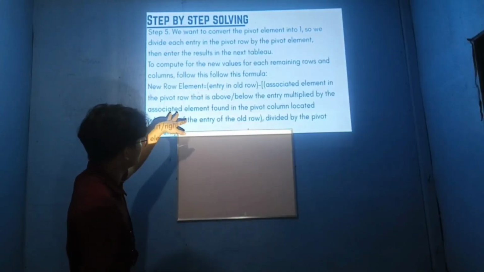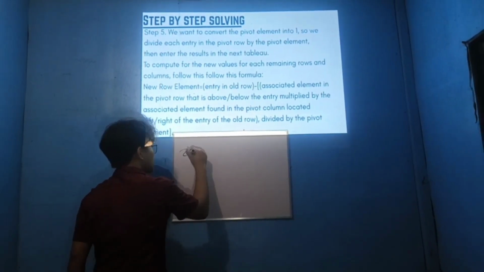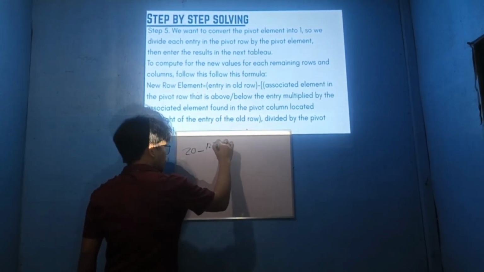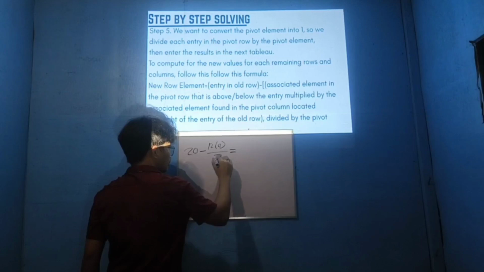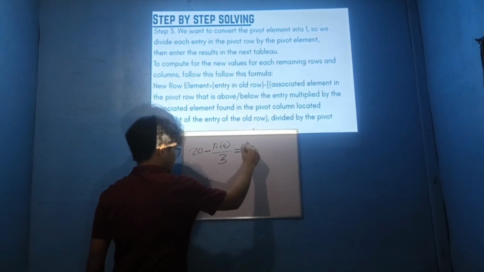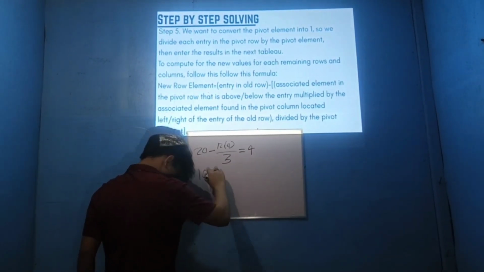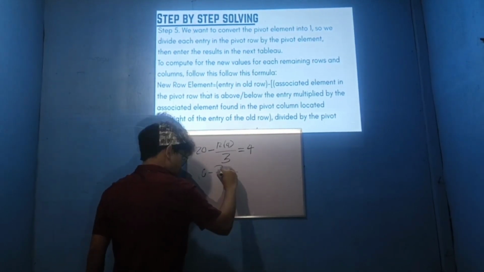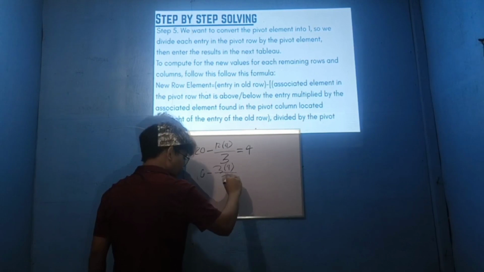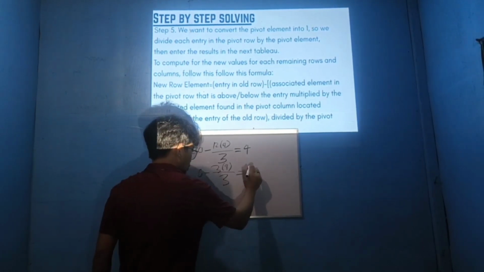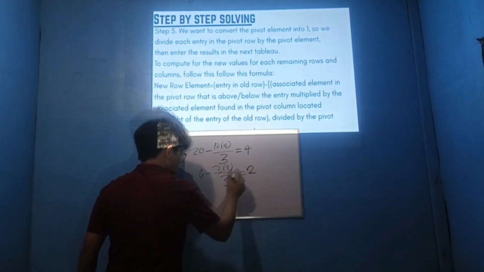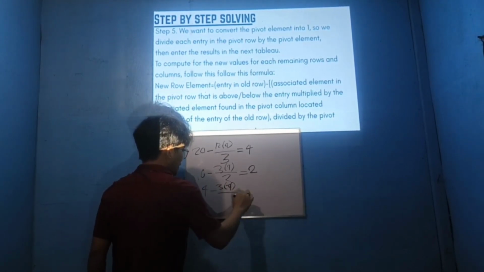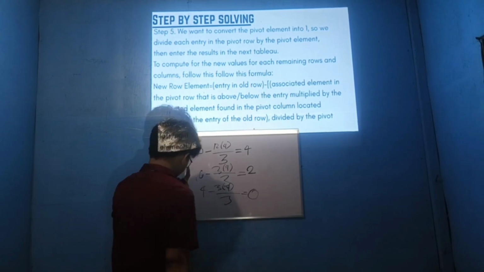But we need to follow this formula. Here we have 20 minus 12 times 4 divided by 3 is equal to 4. And 6 minus 3 times 4 divided by 3 is equal to 2. And 4 times 3 minus 3 times 4 divided by 3 is equal to 0.